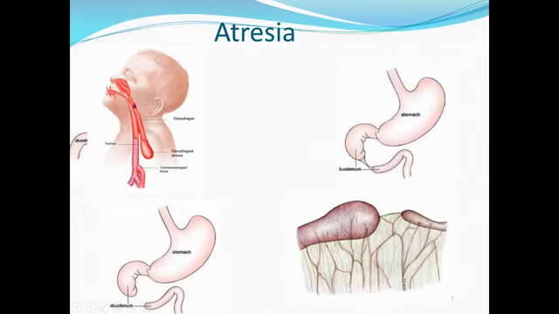This is the proximal end of the esophagus, and there is no segment here, and the distal segment begins and forms a fistula with the trachea. So this is called esophageal atresia with tracheoesophageal fistula. Sometimes it is esophageal atresia with or without tracheoesophageal fistula.